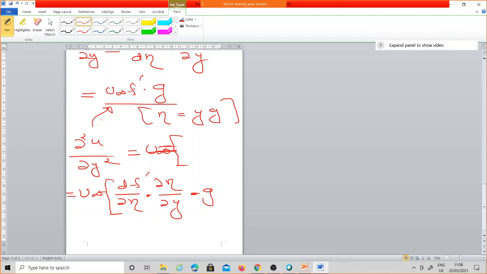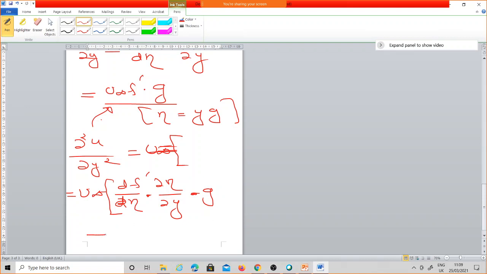If you have f prime, I make the chain rule here again, so it should be d, sorry, not del. I am differentiating f prime with respect to y, using the chain rule, and g is there already.